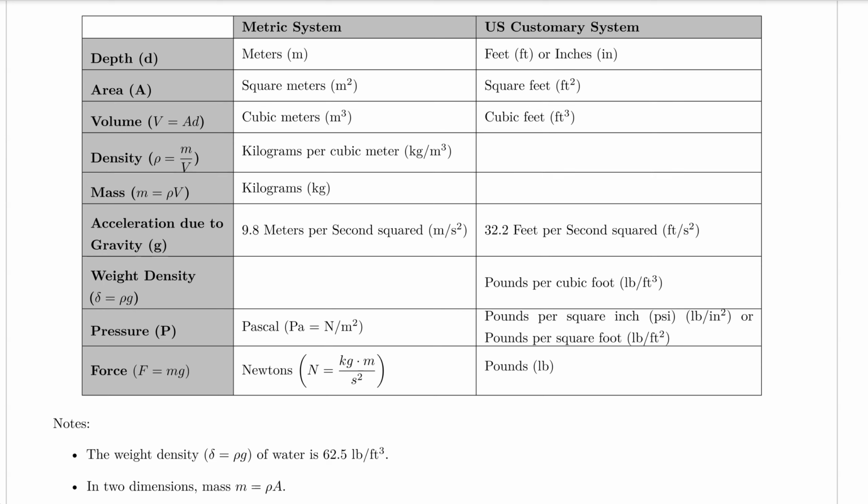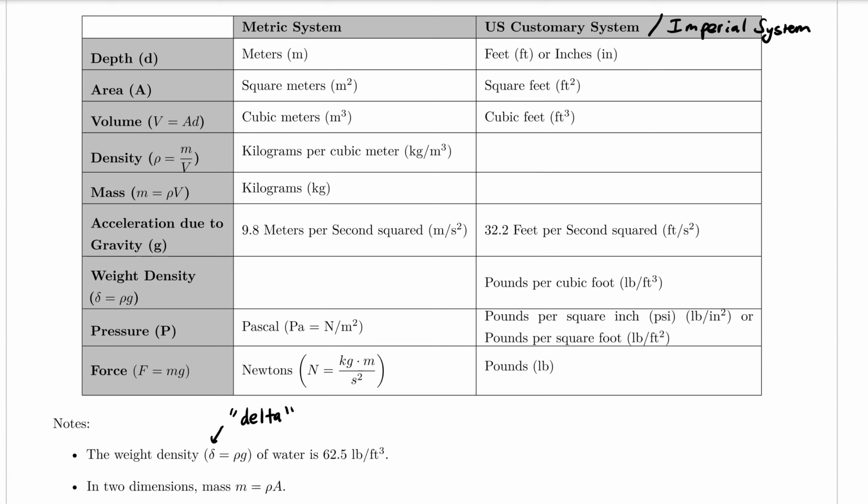Here is a table with various measurements in the metric system and the US customary system. Sometimes you'll also hear this called the imperial system. Go ahead and pause the video if you'd like to read over the table and look at the various measurements. Some notes at the bottom: the weight density, given by lowercase delta, is equal to rho times g, where rho is the density and g is the gravitational acceleration.